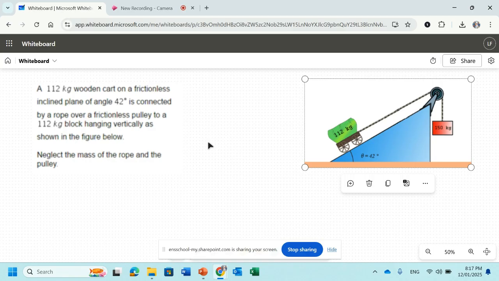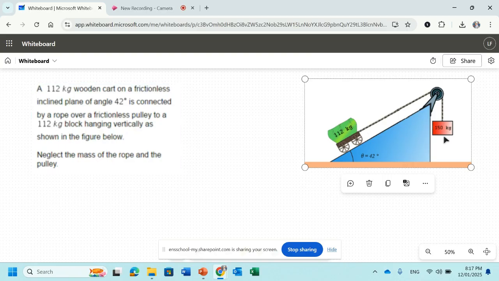So here we have a 112 kilogram wooden crate on a frictionless inclined plane, so we don't have friction. The angle is 42 degrees. It is connected by a rope over a frictionless pulley to a 112 kilogram block hanging vertically as shown in the figure.